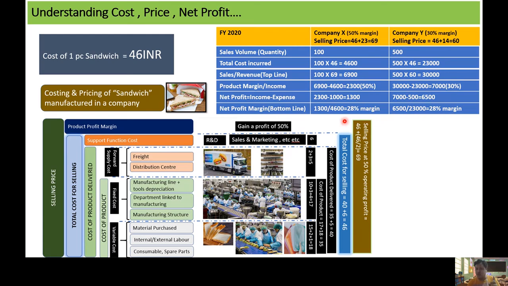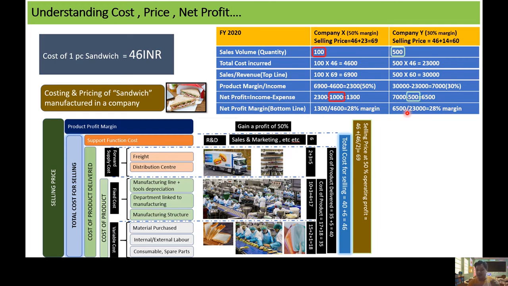So here you can see that although company X was working at a higher margin while determining the selling price, when we calculate the net profit margin at the end of the sales, company X and company Y are at the same level of 28%.